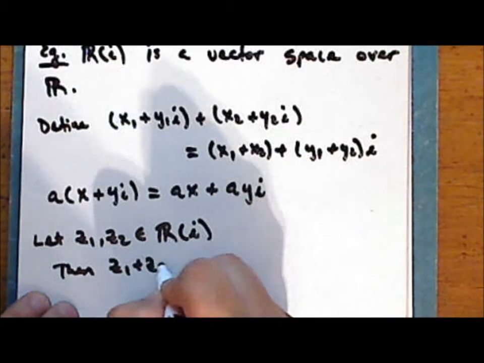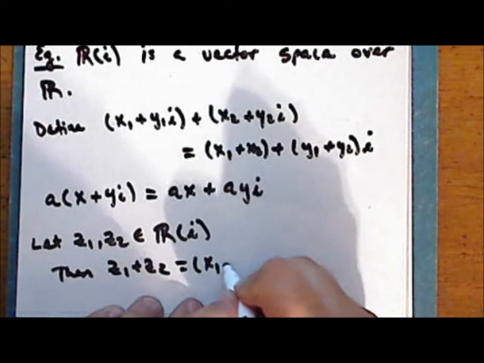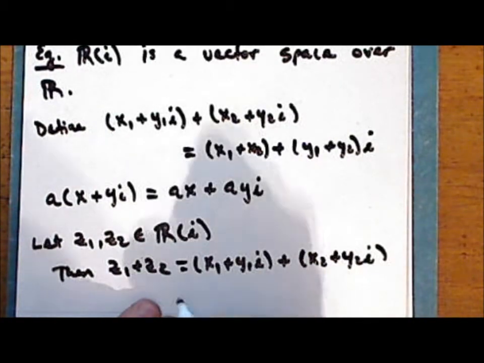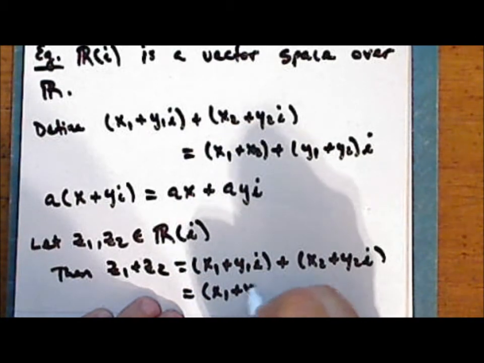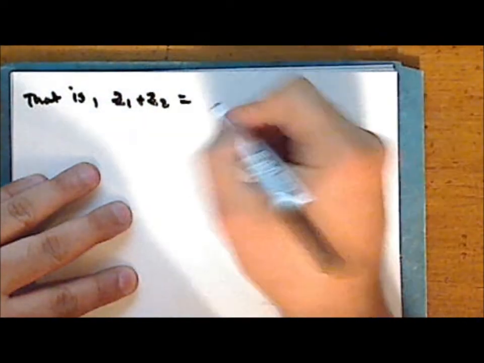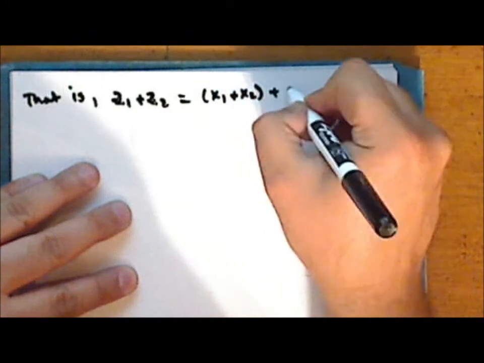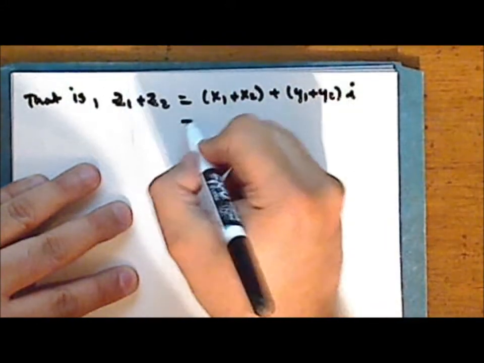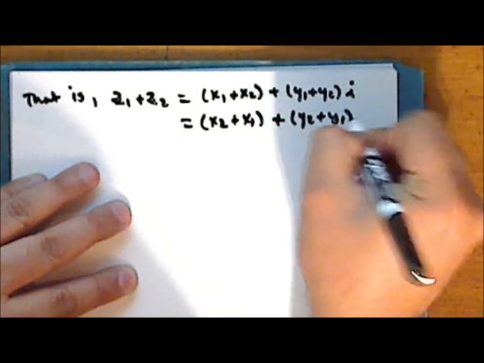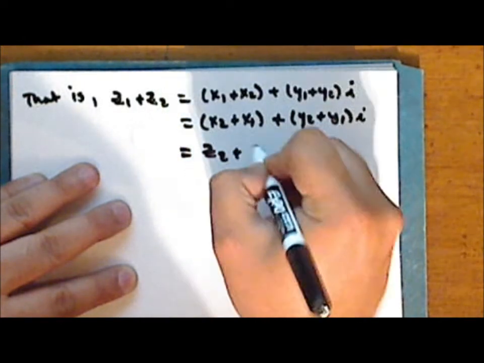Then z1 plus z2 is the sum x sub 1 plus y sub 1 times I plus x sub 2 plus y sub 2 times I, which is the quantity x sub 1 plus x sub 2 plus the quantity y sub 1 plus y sub 2 times I. That is, z sub 1 plus z sub 2 is x sub 1 plus x sub 2 plus the quantity y sub 1 plus y sub 2 times I. This is the same as x sub 2 plus x sub 1 plus the quantity y sub 2 plus y sub 1 times I, which is z sub 2 plus z sub 1.